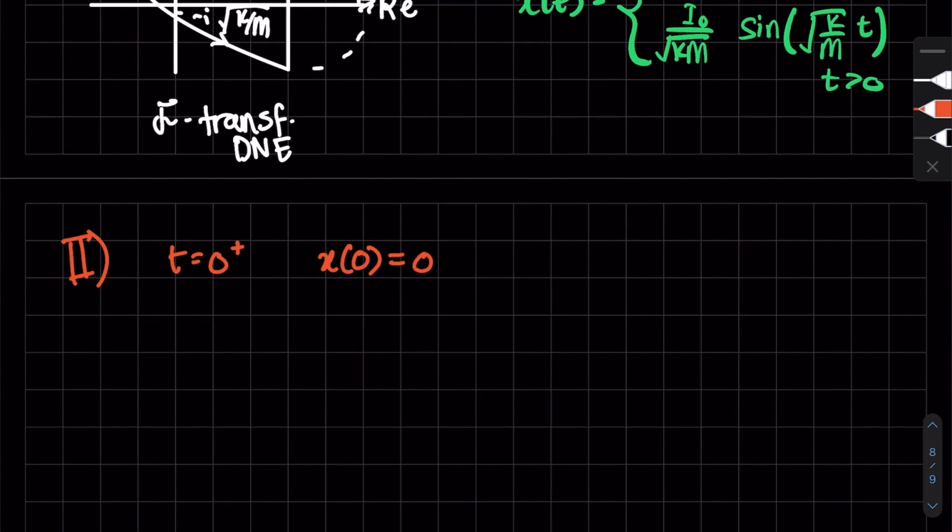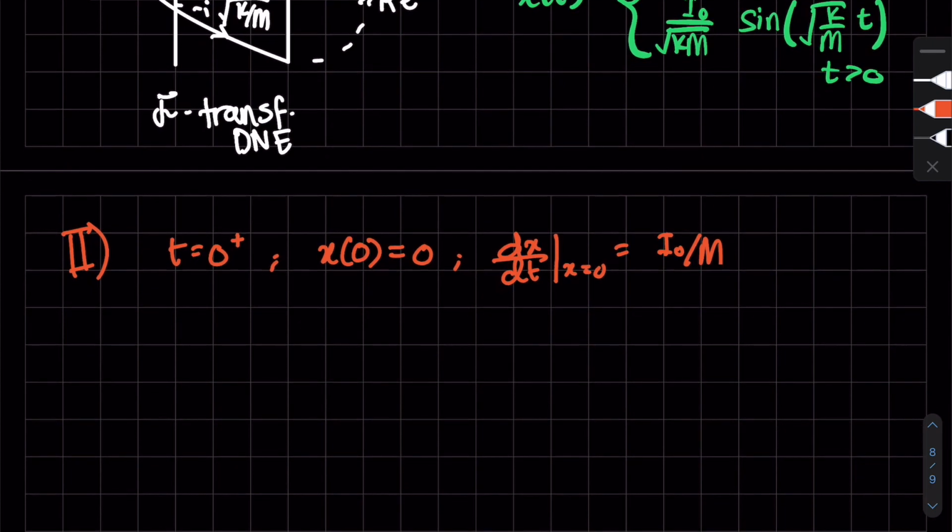So again, causality means that this thing is also 0. The first derivative, using the similar approach of integrating the differential equation on both sides, gives us I naught over m again. So we have capital X of s minus I naught plus k times capital X of s equals 0.